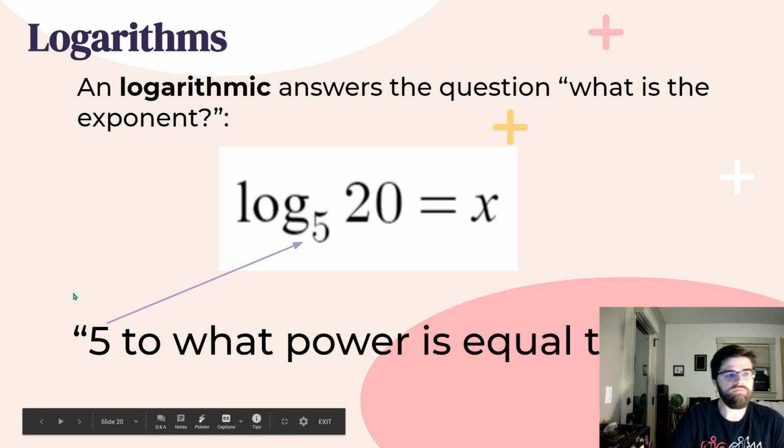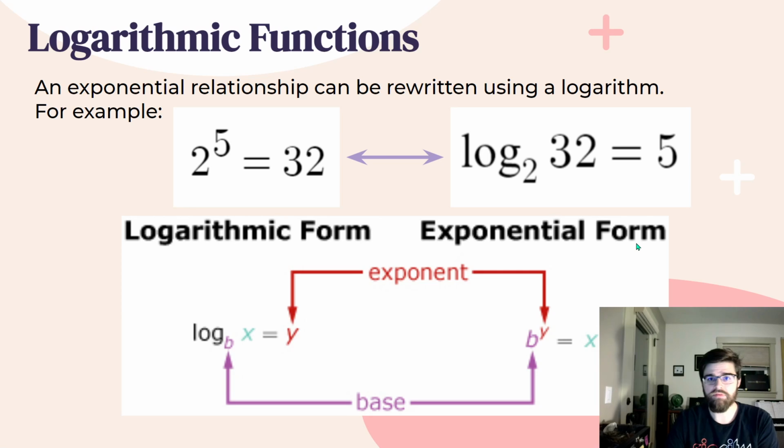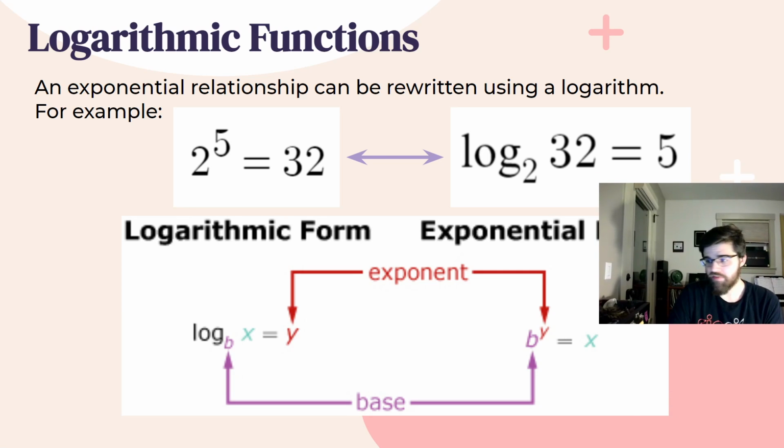All right, so in order for us to use logarithms, these are kind of new, and the first sort of skill we need to develop is to translate logs to exponents. So any logarithmic expression can be written as an exponent and vice versa. So here's the basic outline of how that works.